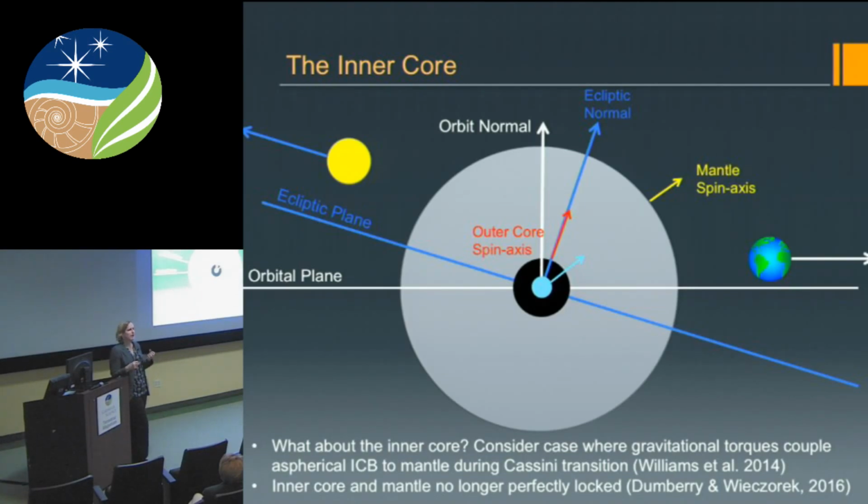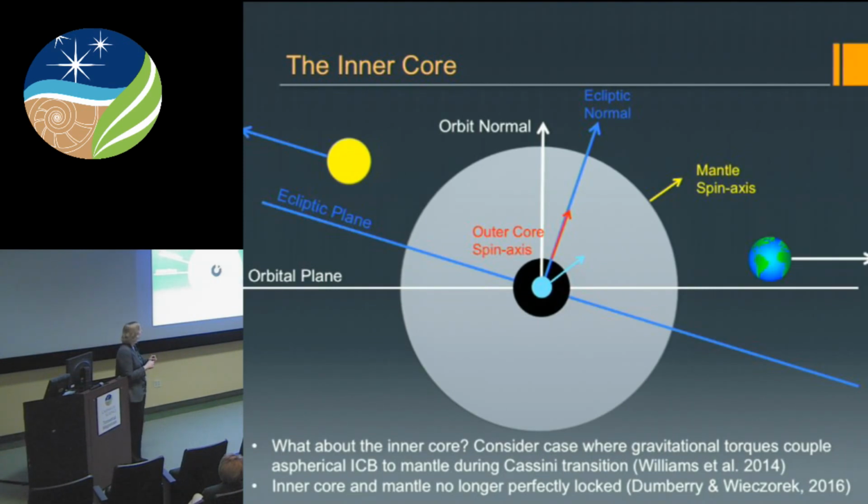The types of torques that can act on the inner core, first of all, you've got a viscous torque between the inner core and the outer core. You have a magnetic torque between the inner core and the outer core. And then you also can have gravitational torques if there are any sort of density heterogeneities in the mantle and there's any sort of asphericity of the inner core, then you're going to have gravitational coupling between them.